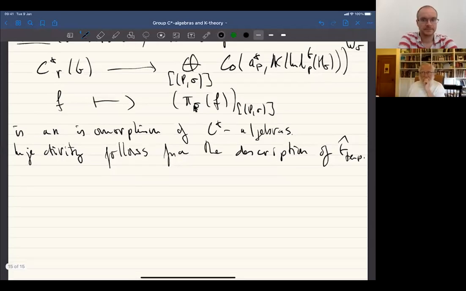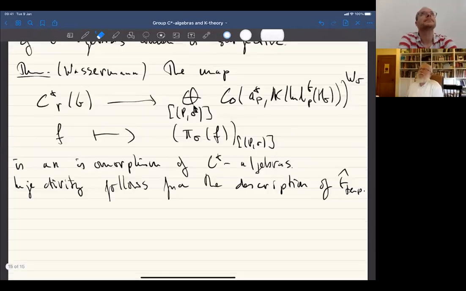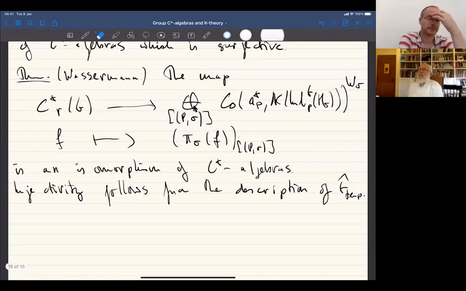Okay, so this means we've decomposed the reduced C-star algebra. And now this is not enough to compute the K-theory, because now we want to replace this right-hand side, so the infinite direct sum here, by a Morita equivalent direct sum. So actually what we will do is we will find Morita equivalent algebras to each of the components in this direct sum.